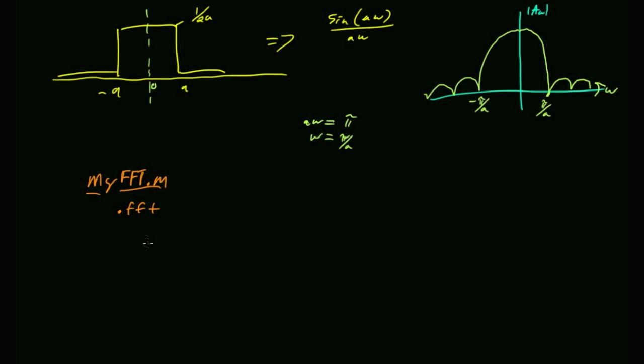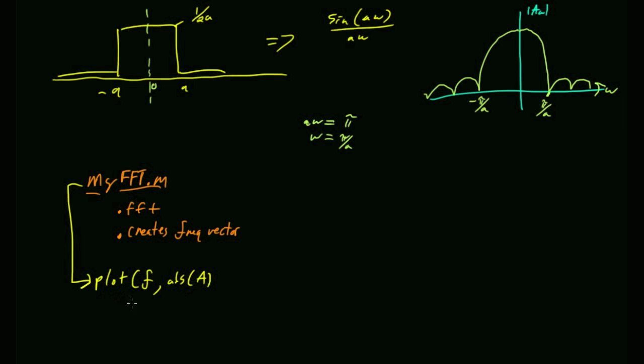But it's a pretty simple algorithm. You could write it in C, Fortran, whatever you want. And the other thing myFFT does is it creates a frequency vector, so that when you get the results back from myFFT, you can plot frequency versus the magnitude of A, and you can plot frequency versus the phase angle of A.